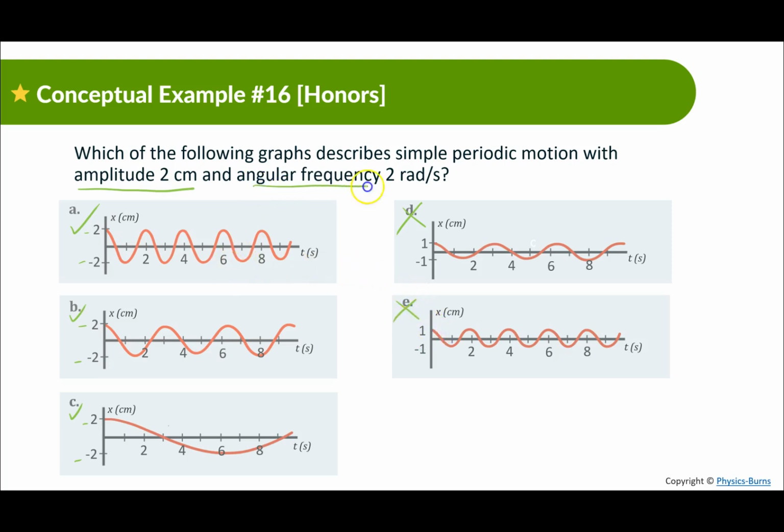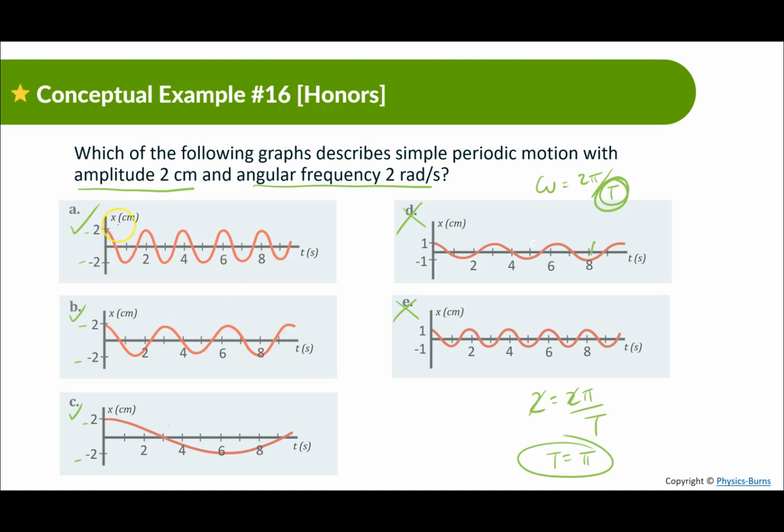So angular frequency of 2 radians per second. That's a little bit hard to know, but we do know that angular frequency is equal to 2 pi divided by T. So this can help us find the period. Angular frequency is 2 pi divided by period, so let's find what period is. I'll cancel this out, and we can see that period is equal to pi, which is around 3.14.